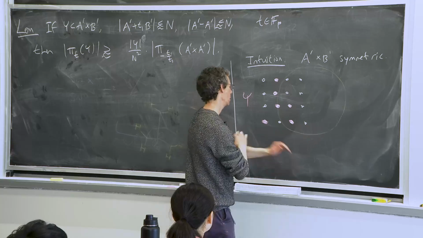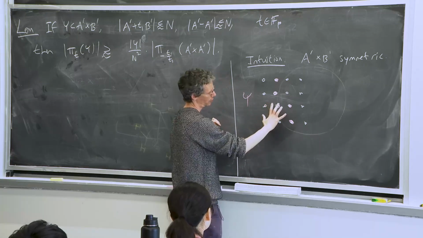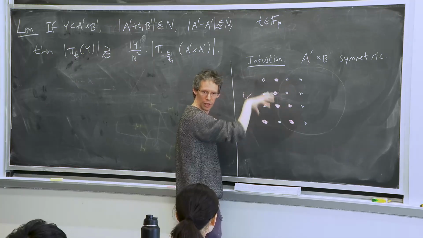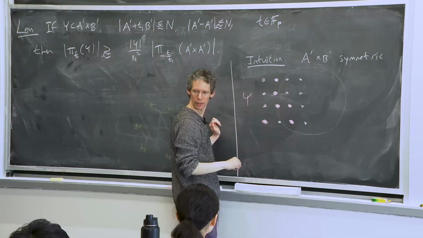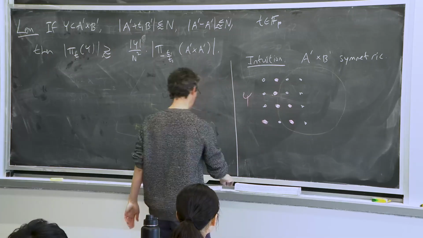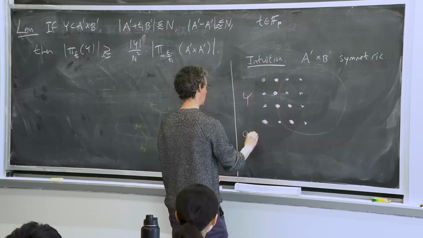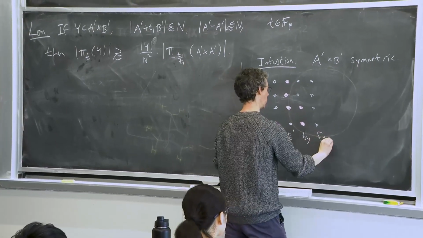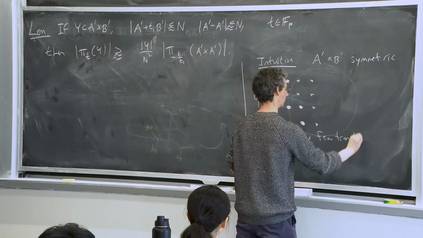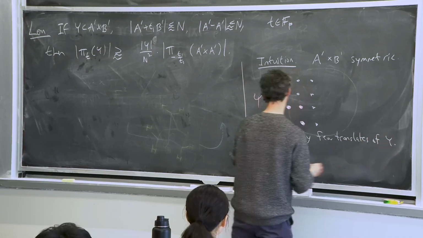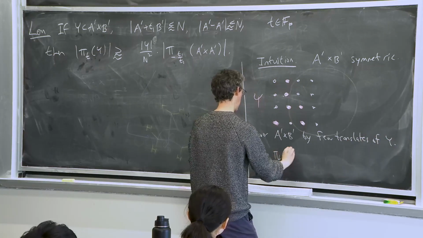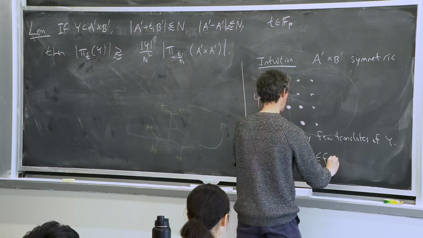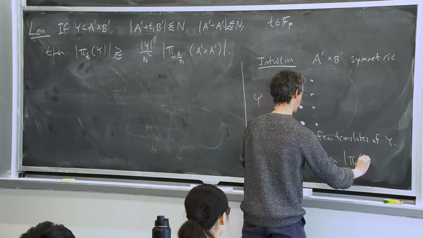Why? Because the lattice is symmetric, so I can cover the lattice by some translates of y. And if each of those gets compressed a lot, then the whole lattice should be compressed a lot. So we cover A prime cross B prime by a few translates of y, and then we would get that the projection of the whole thing should be bounded by a few times the projection of y.